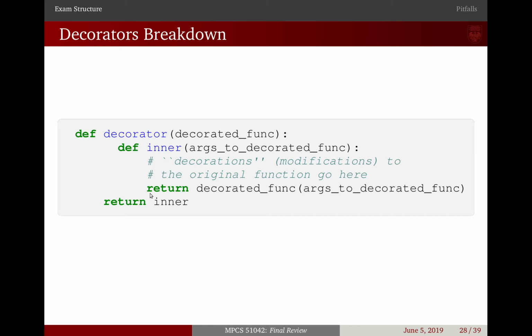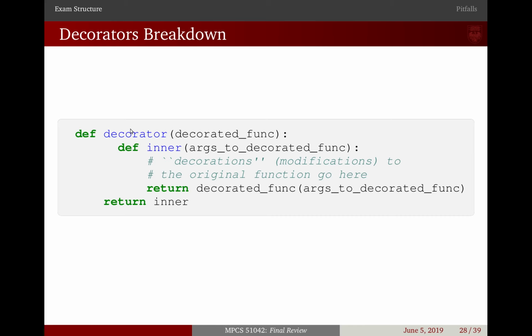So if we return values here of that original function, then we're not going to be able to call our decorated function at that point, right? So that's why I think I got a question that was like, why don't we just do the behavior in the decorator, and instead of having this inner function here, just return decorated func of all these different arguments and things like that.